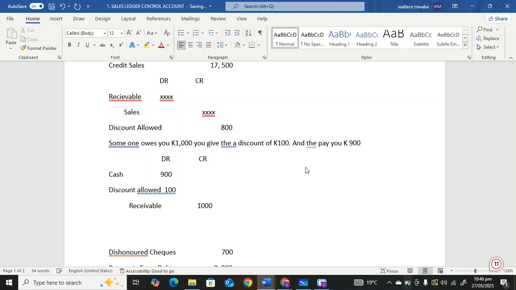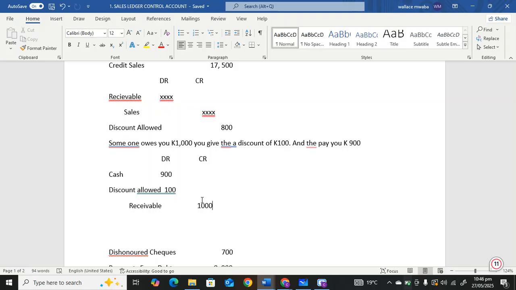Now, on the control account, you're not going to put the total amount, you're going to put the discount allowed amount. So, where will the discount allowed amount go to? The debit side or the credit side? Discount allowed and cash basic, since they go hand in hand, where will they be put?